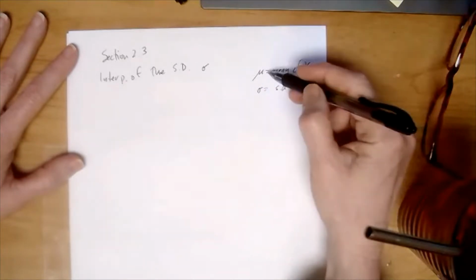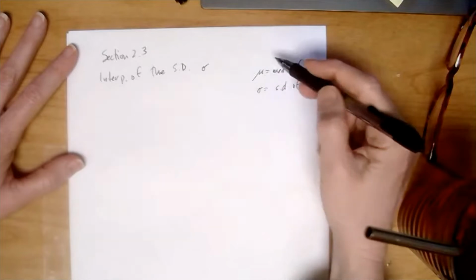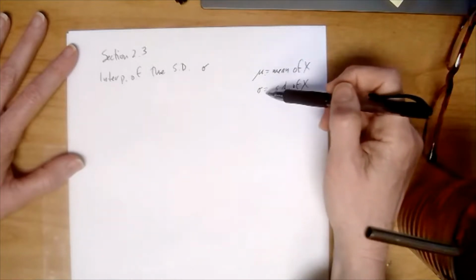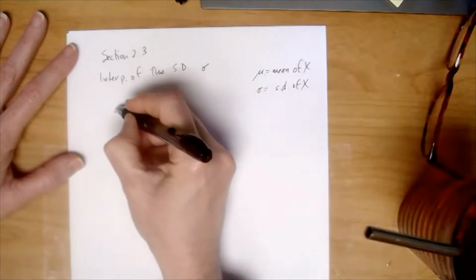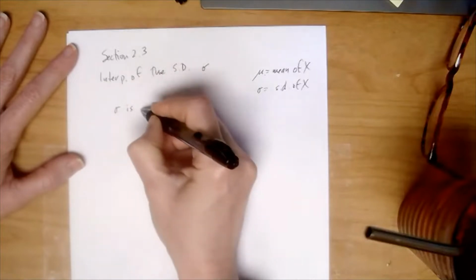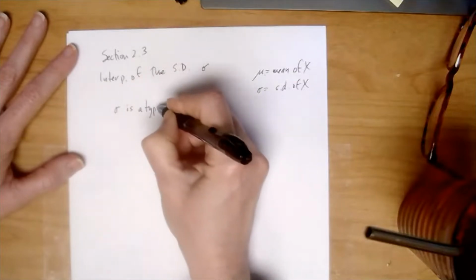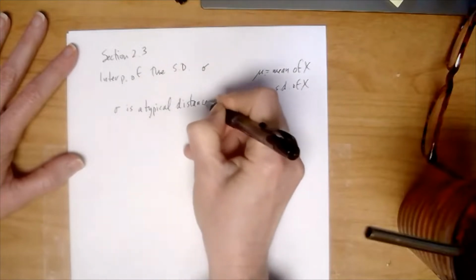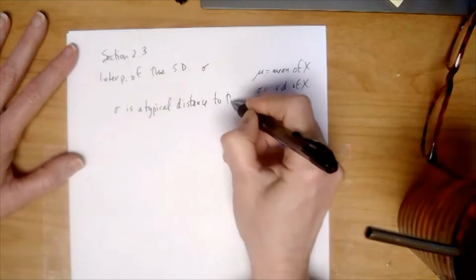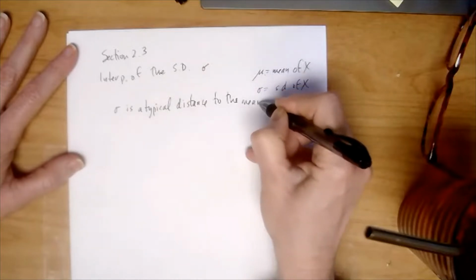So obviously mu is the average. So what is sigma? And so we said that sigma, this is a typical distance to the mean. Right?